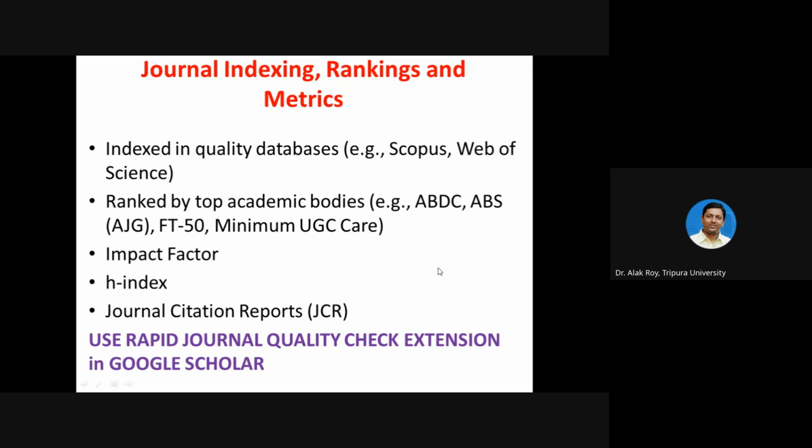The reason is these are based on the outcome, whatever you have published and how many citations you got for that. And citation is the outcome of a good publication. It is important, I agree, but not as much as the prior one, because the prior rankings and lists are still in the hands of academia.